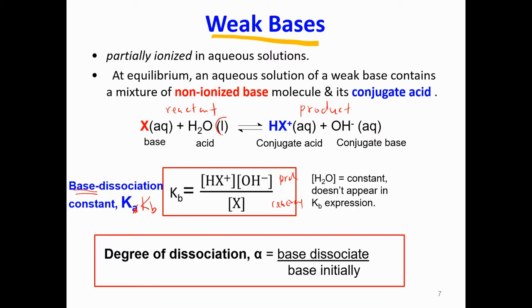And then we do not include water into the expression because the concentration of water is constant. So for base, we will have hydroxide ion. Same thing, we can calculate the degree of dissociation for weak base, that is how much weak base dissociates over the initial concentration of weak base.